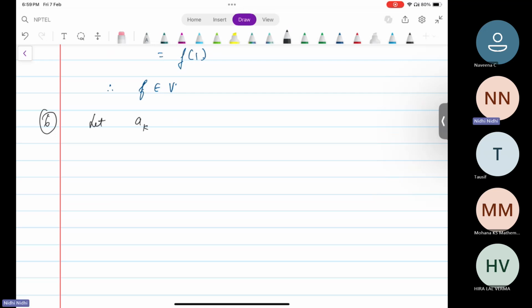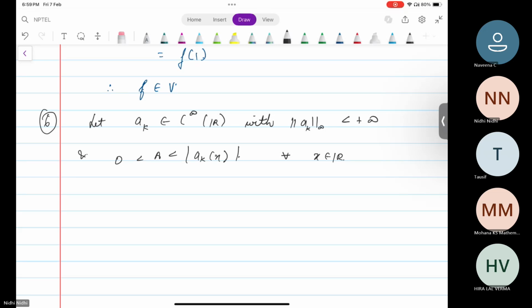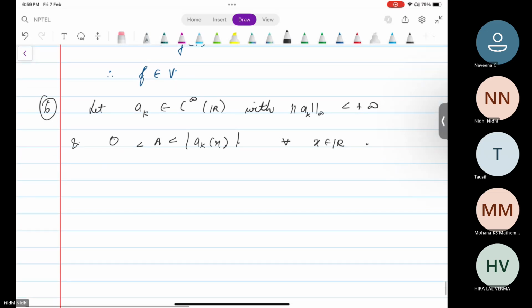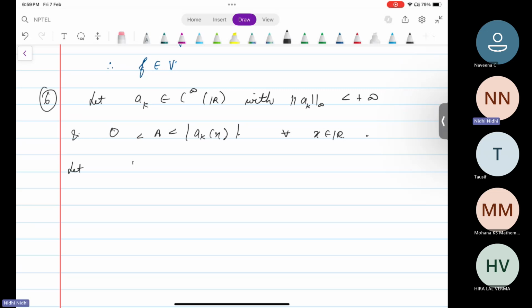Let a_k be a function in C infinity of R with finite uniform norm, polynomial, and 0 less than a less than a_k(x) for every x in R. Now define P as a map from Cc infinity R to Cc infinity R, where Pf is a function in Cc infinity, which is basically a linear combination of its derivatives.